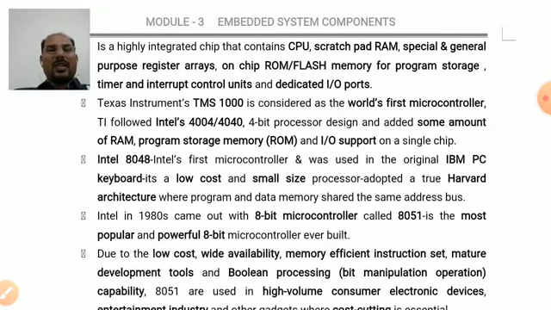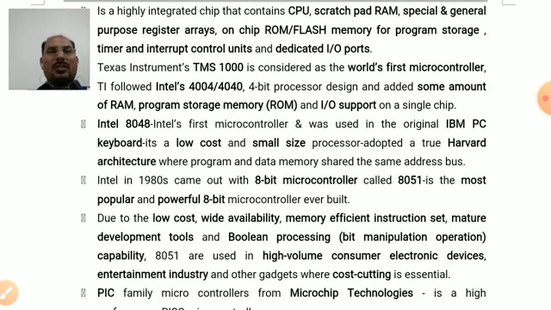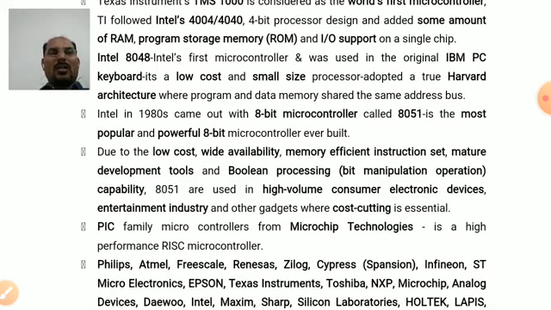Intel 8048 is the first microcontroller by the Intel company. It was used in the IBM PC keyboard. It was low cost and small size, and adopted Harvard architecture. In 1980, Intel came out with an 8-bit microcontroller called 8051, which is the most popular and most powerful 8-bit.